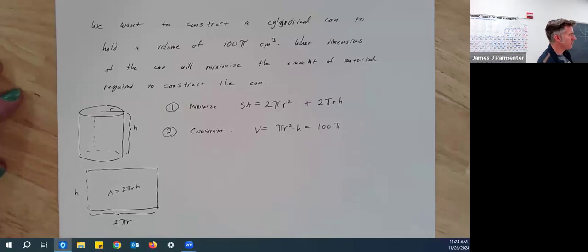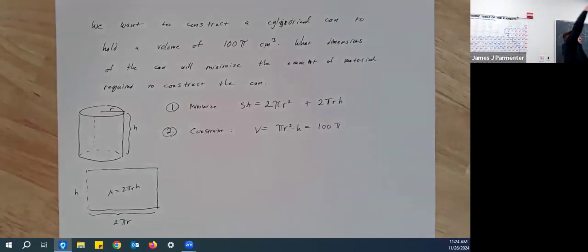One of the reasons I decided to do this problem is that you have far less domain restriction than you might realize. You could have a lot of cans that look really stupid. You could have a can with a tiny radius that was super tall that would have the right volume.